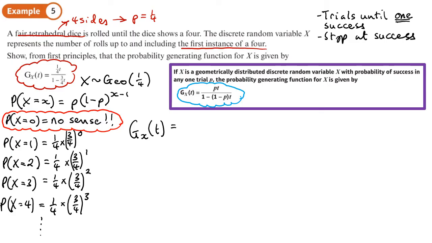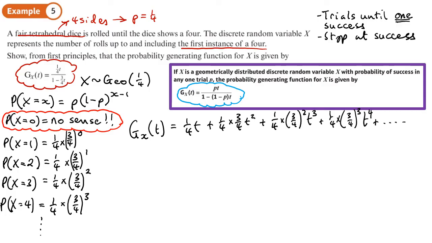The first one is going to be a quarter in front of t, or t to the power 1. The next one is going to be a quarter times 3/4 in front of t squared. Notice I don't multiply these fractions out because I want to keep them like this to find patterns. Next one, a quarter times 3/4 squared t cubed, and the next one a quarter times 3/4 cubed t to the power 4, and so on. So this is an infinite series.